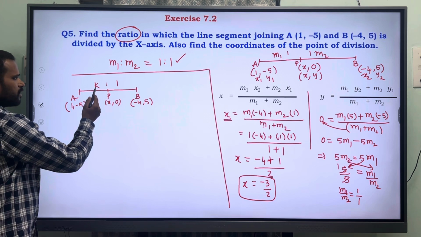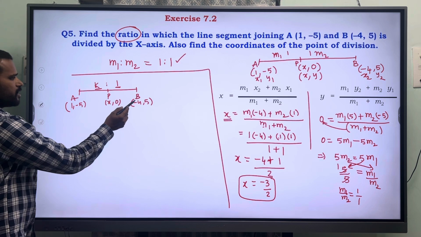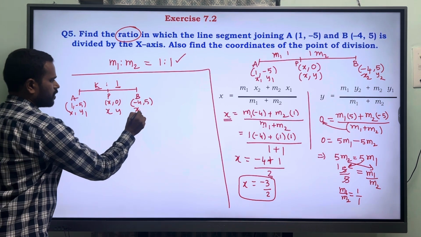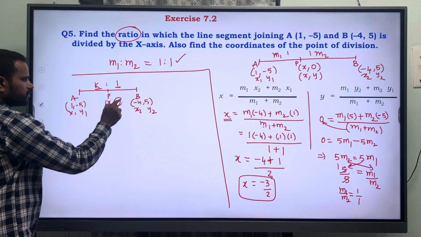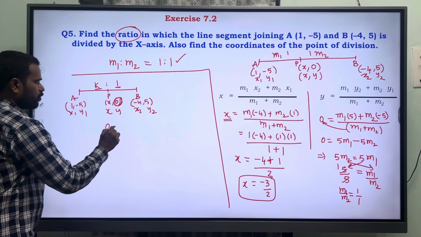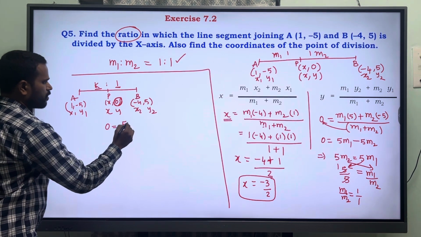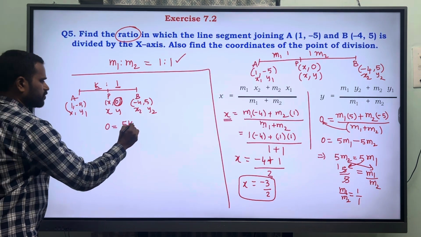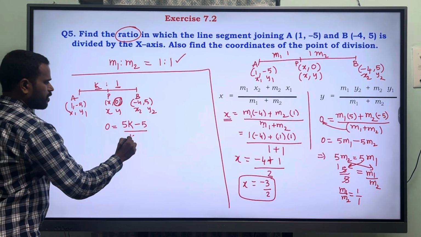See here, k is to 1, this is x1 y1, x y, x2 y2, right? So the y coordinate: 0 equals k y2. What is the k y2? 5 into k, 1 into minus 5, by k plus 1.